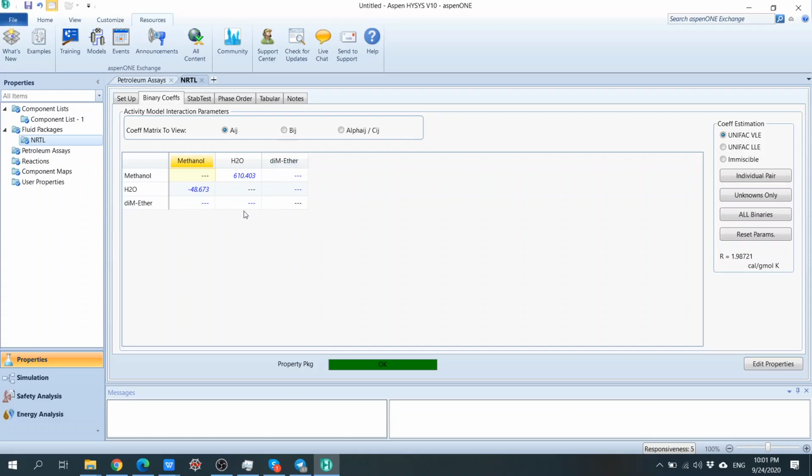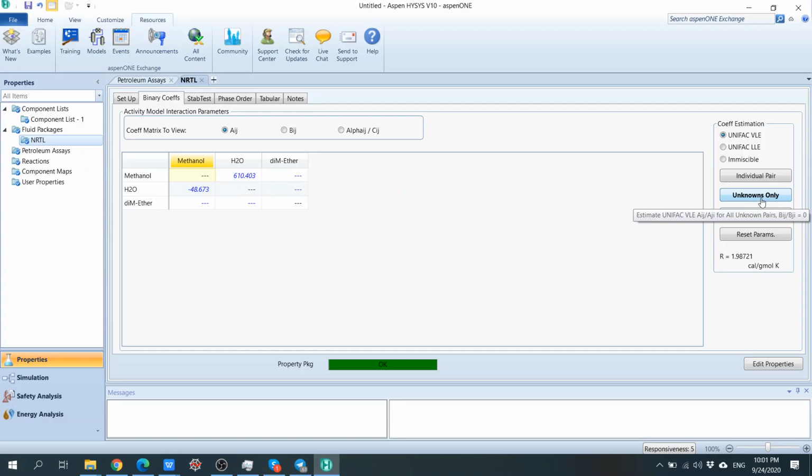That means we have to either find experimental data and regress it the way that I just showed you using the Wilson equation, or in this case we could also estimate using the UNIFAC method.